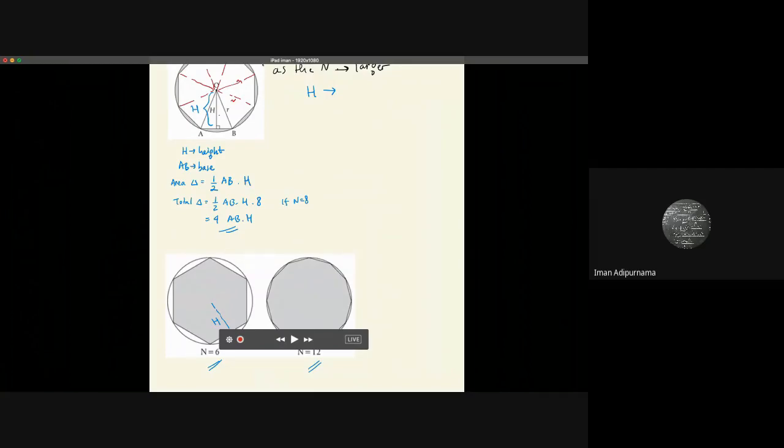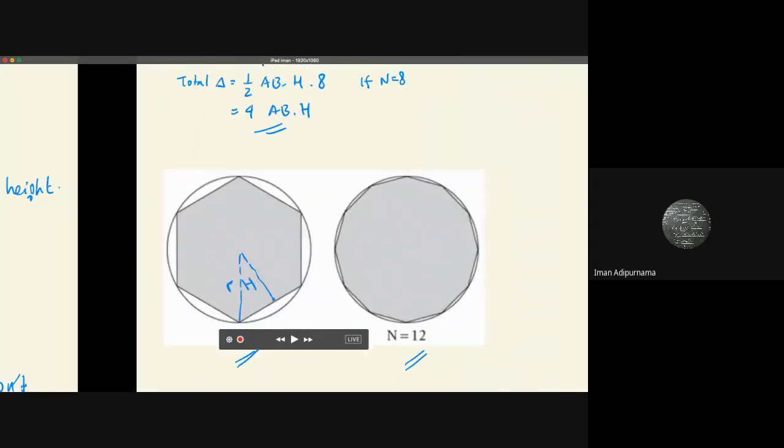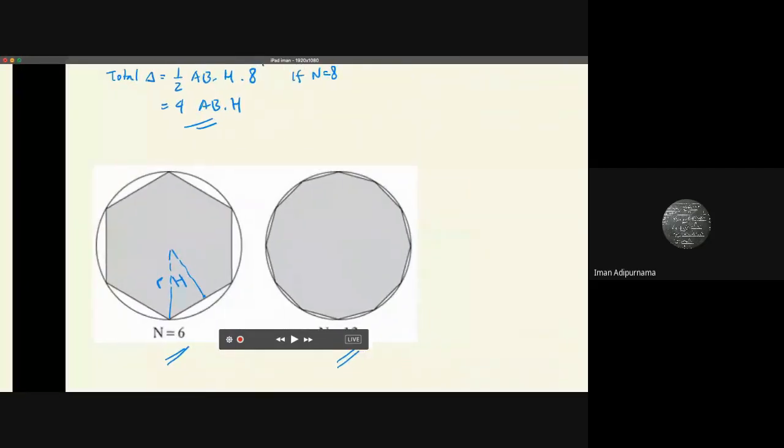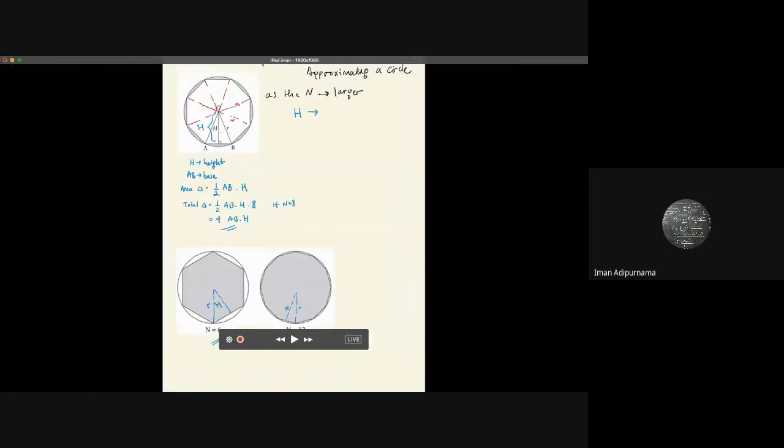Up until here is our r. When n is getting larger, the h is getting closer to what? To the radius, right? h is getting closer to the radius. It's getting similar to the radius.